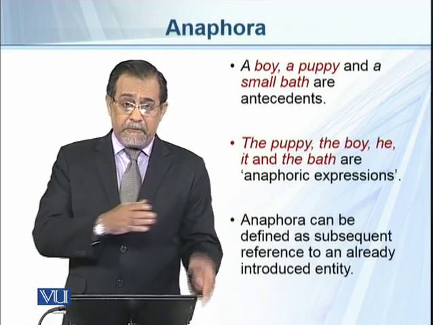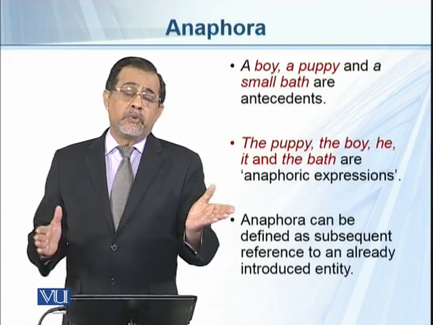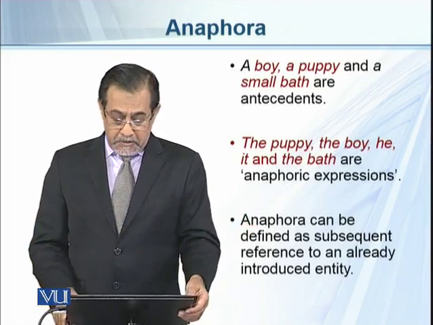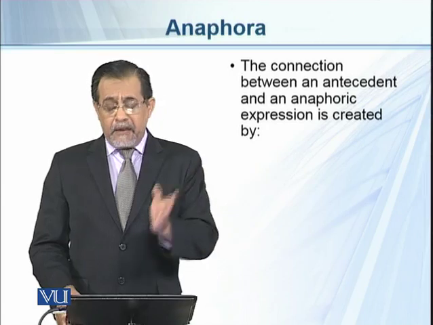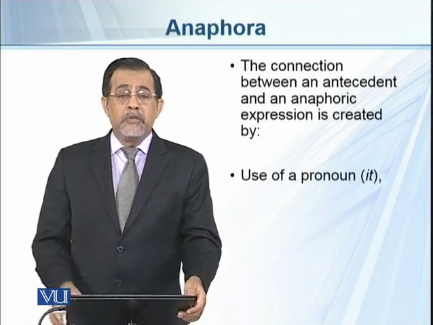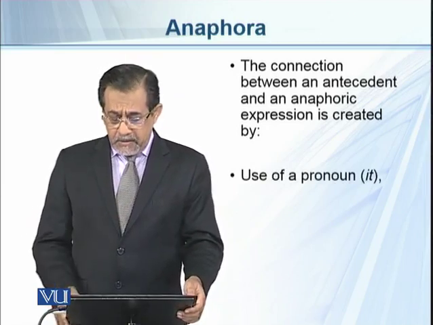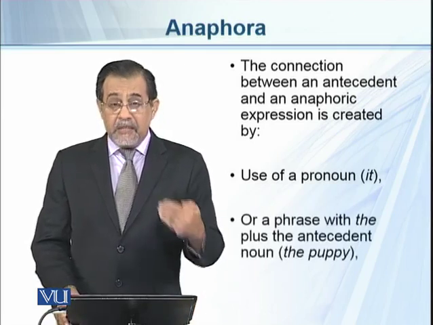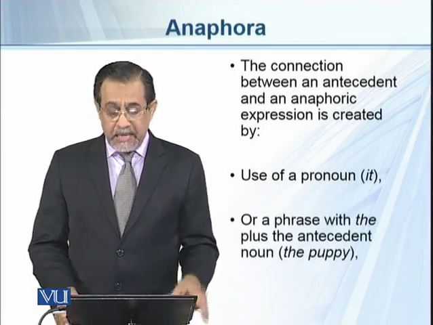That is, the first one mentioned is the antecedent, and that which comes back to the antecedent is the anaphoric expression. The connection between an antecedent and an anaphoric expression is created by, for example, use of a pronoun. We can use a pronoun to refer back to an antecedent, or a phrase with the plus antecedent noun, that is, article plus antecedent noun.